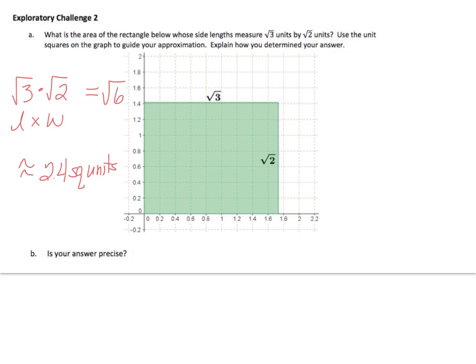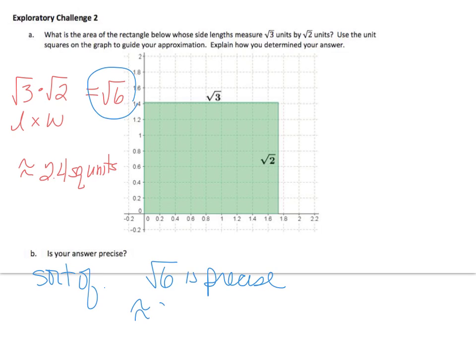Yep, 2.4 square units. So, is our answer precise? Well, sort of. Square root of 6 is precise. Approximately 2.4 is not.